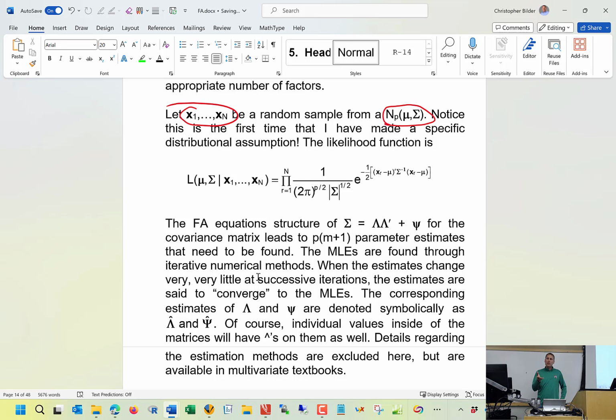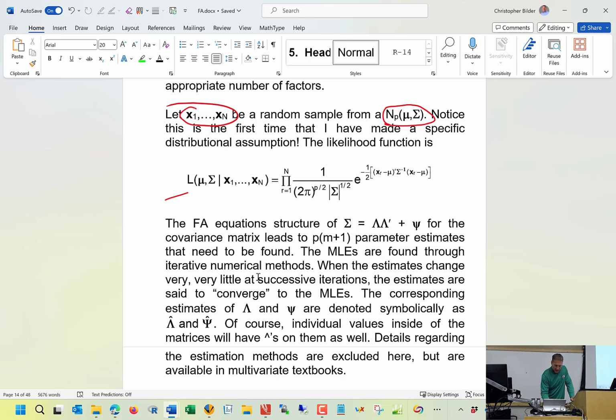To find a maximum likelihood estimate, we also have to assume a probability distribution. What is done in factor analysis is we assume a multivariate normal distribution. That's why I have the big N with a little subscript p, meaning the x's are p by 1.